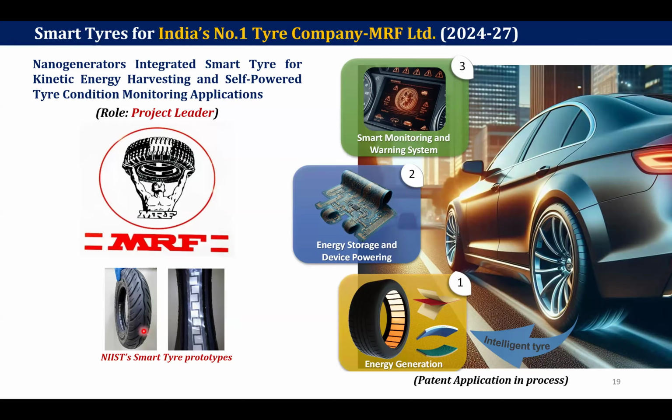So some of the prototype devices, like the tire rotation device, have been shown here. NIST smart tire prototypes are being shown here, which are integrated with various arrays of nanogenerators. So on tire rolling, you can convert the pressure imparted on the tire into electricity. So that can be used for powering various kinds of gadgets.